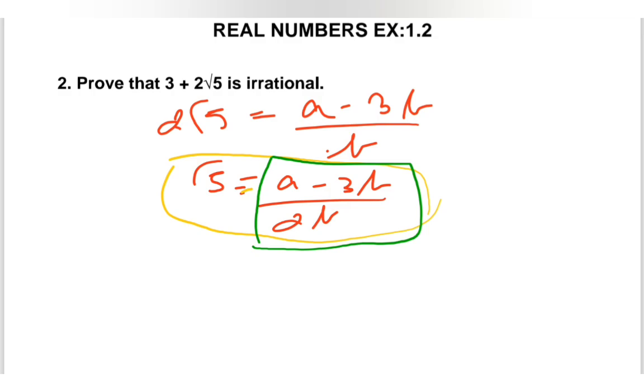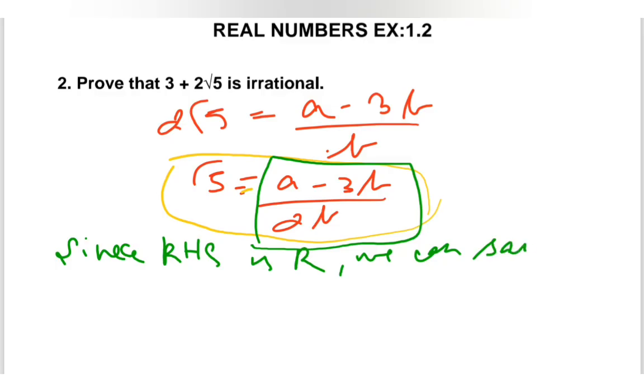So since the RHS is rational, we can say root 5, or the LHS, is also rational.